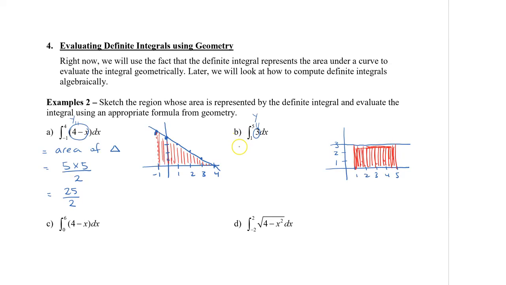So the integral of 3 from 1 to 5 is the area of a rectangle. And the base I can see is 1, 2, 3, 4. And the height of my rectangle is 3. So 4 times 3 is 12. All right, let me show you one other example.